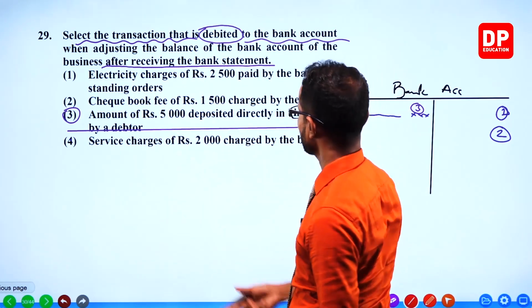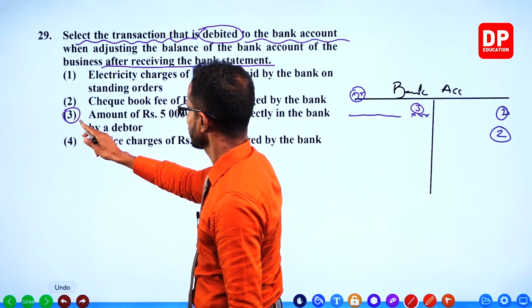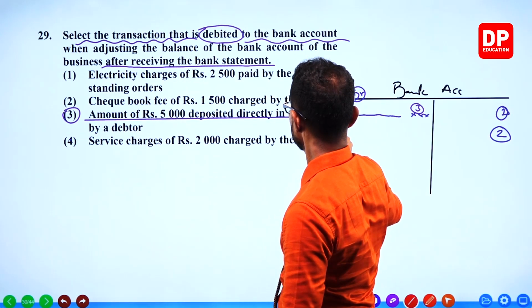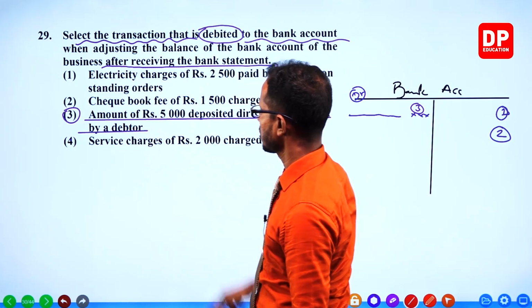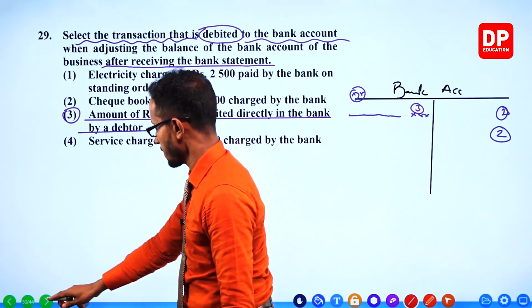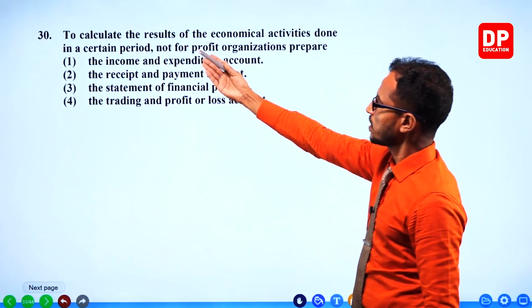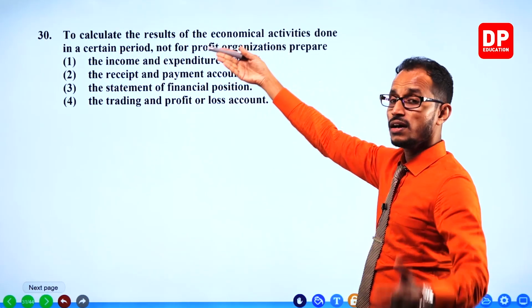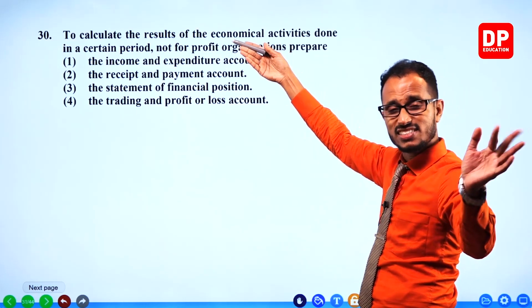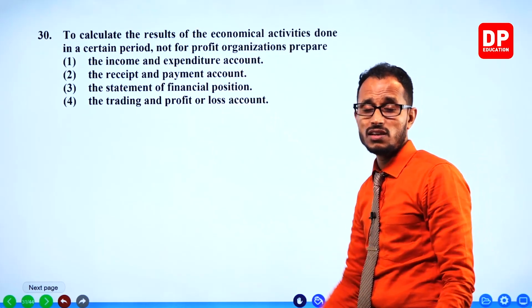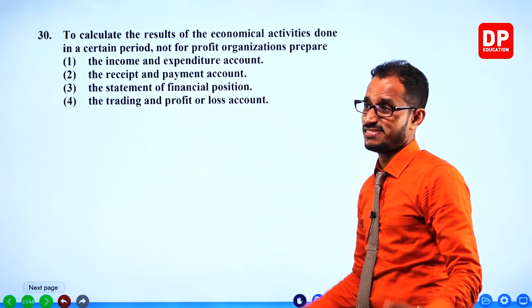Yeah, we selected the correct answer, right? This is theory. To calculate the results of the economical activities. What are they talking about? Economical activities.